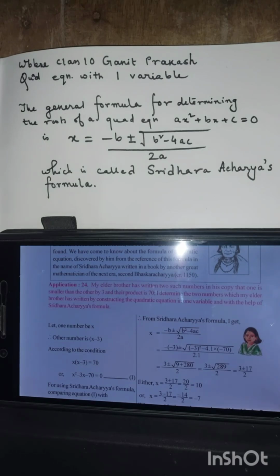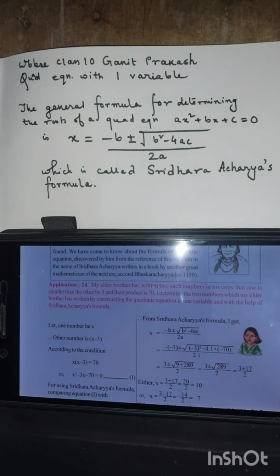Now we can use this result x equal to minus b plus minus root over b square minus 4ac by 2a for any quadratic equation and we can directly find out the roots of that equation.